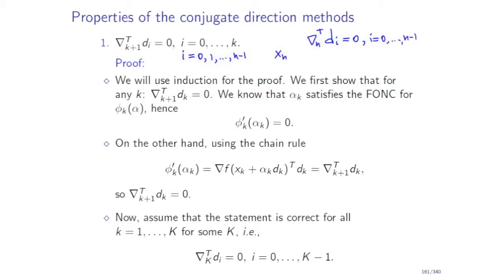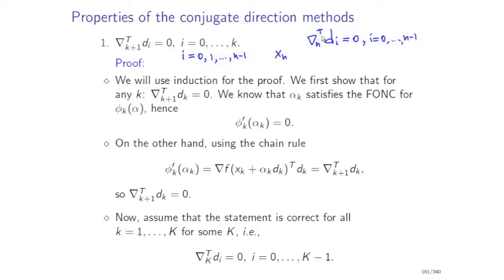The di's are q conjugate, right? So they're all linearly independent. And we have n such directions already, for i between 0 and n minus 1. And these n directions actually form a basis in Rn already, right? So now what happens if we look at the gradient of f at the point xn?